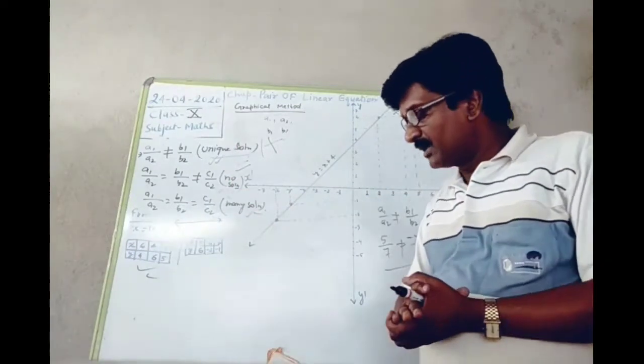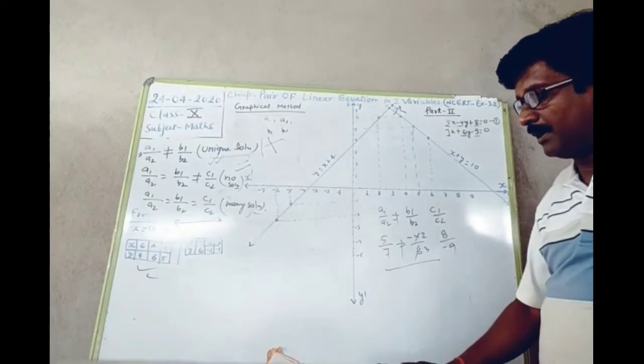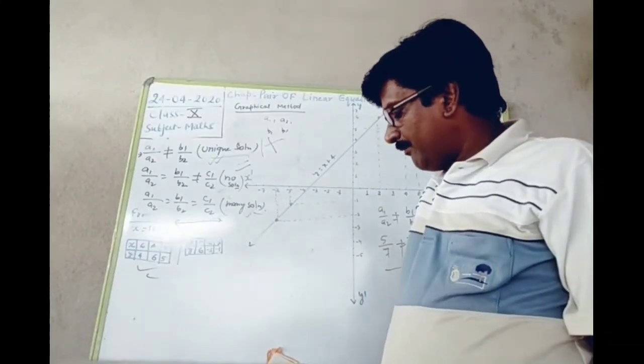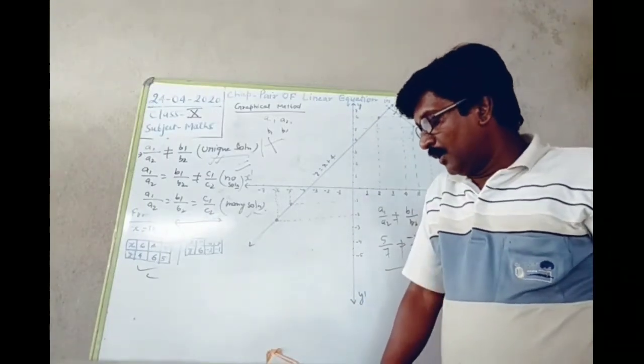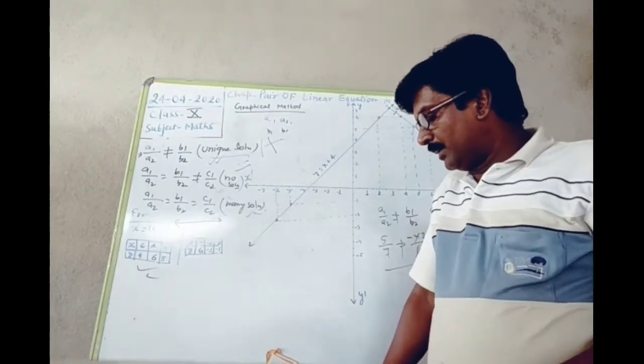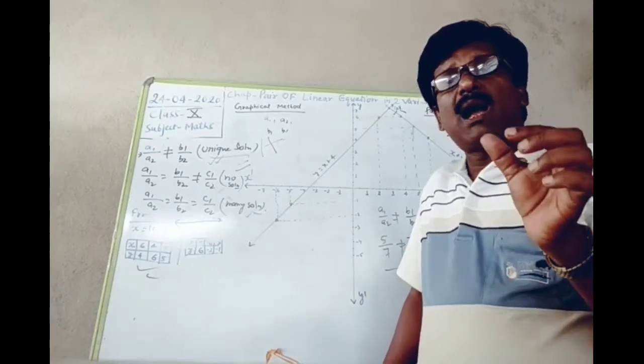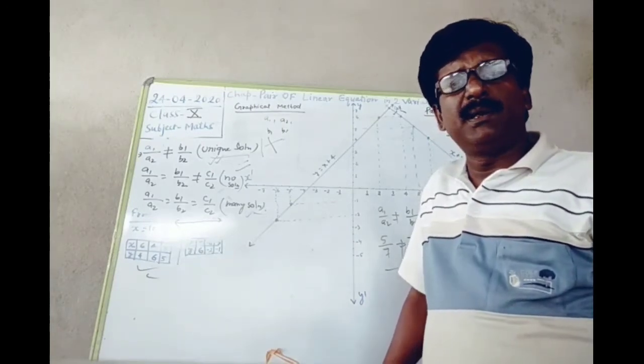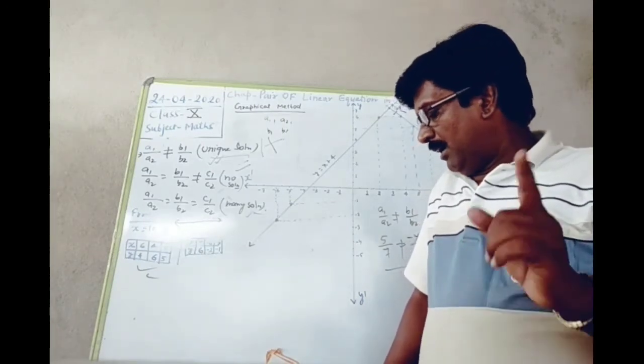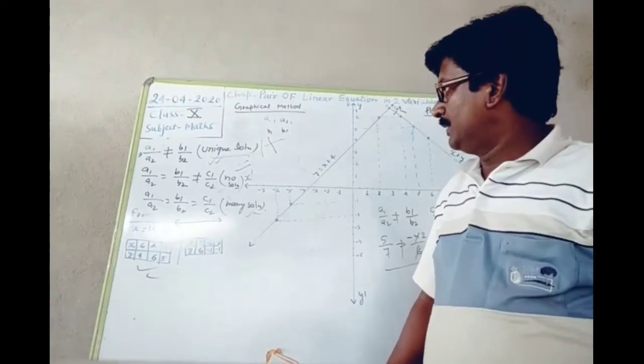Okay, so see, question number 5 is given: half the perimeter of a rectangular garden, whose length is 4 meter more than its width, is 36 meter. It means half of the perimeter is 36 meter and length is 4 meter more than width, breadth.